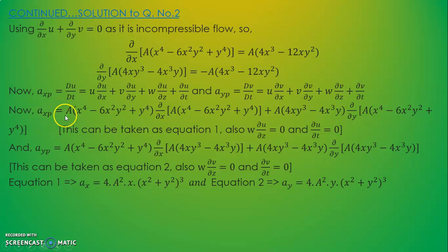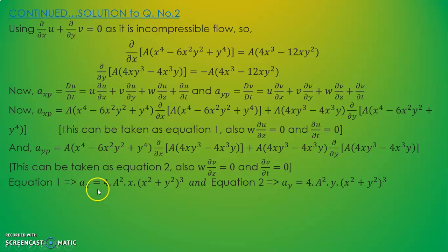So now acceleration in the x direction is equal to capital A into x to the power 4 minus 6x squared y squared plus y to the power 4 into del x of capital A into x to the power 4 minus 6x squared y squared plus y to the power 4, plus capital A into 4x y cubed minus 4x cubed y into del y of capital A into x to the power 4 minus 6x squared y squared plus y to the power 4. This particular equation is taken as equation number 1.